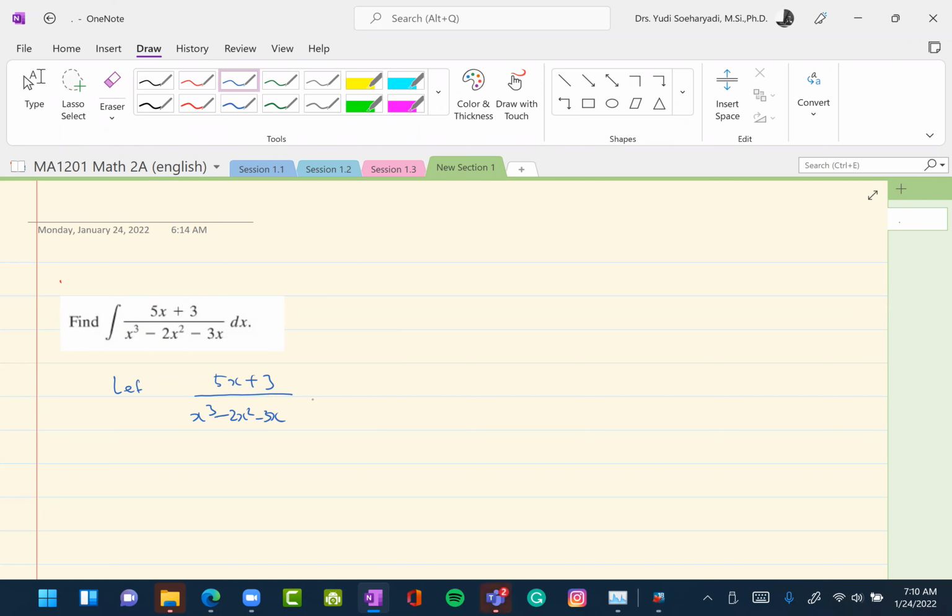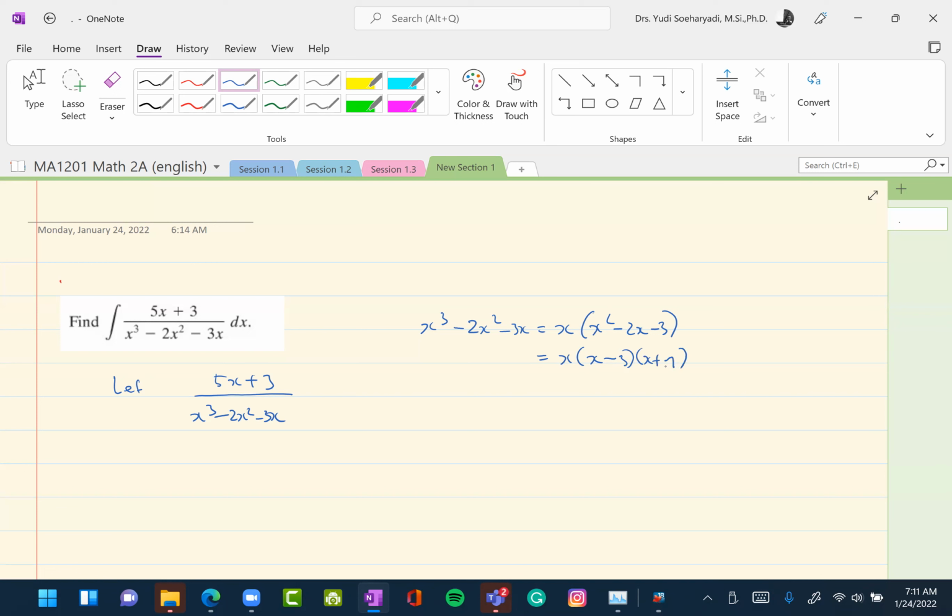Well, let's first factor this cubic. Of course, we can first factor the x out, so you have x squared minus 2x minus 3. We can further factor this: x squared minus 2x minus 3 is x minus 3 times x plus 1.